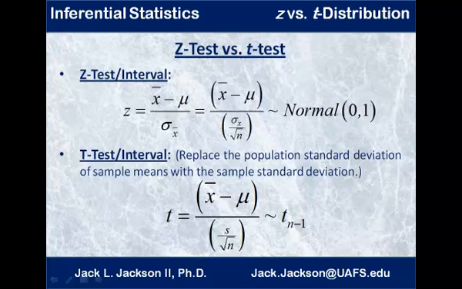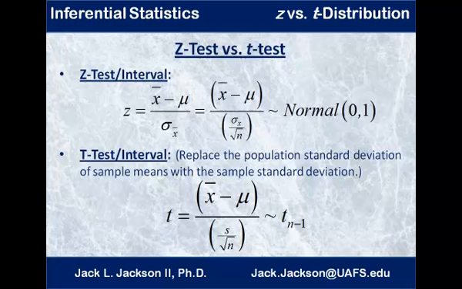Now, remember that when we're talking about a z-test or a z-interval, we start with our distribution of x bars, which is normal, or approximately normal, and to actually compute the z statistic we usually standardize it. Of course that means find a z-score. That's why it's called a z-test or z-interval.